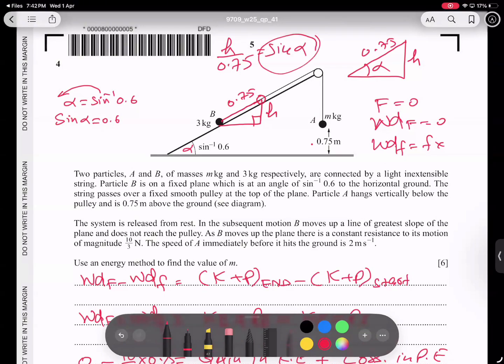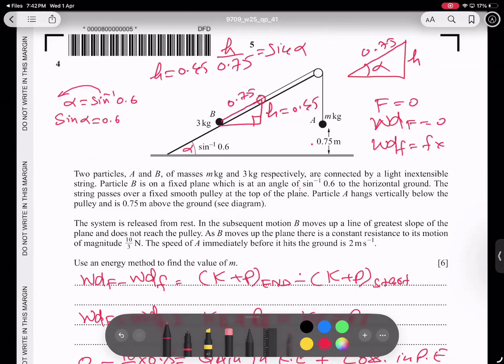The sine alpha value we have is 0.6. So height is 0.75 into 0.6, and I'm getting 0.45.